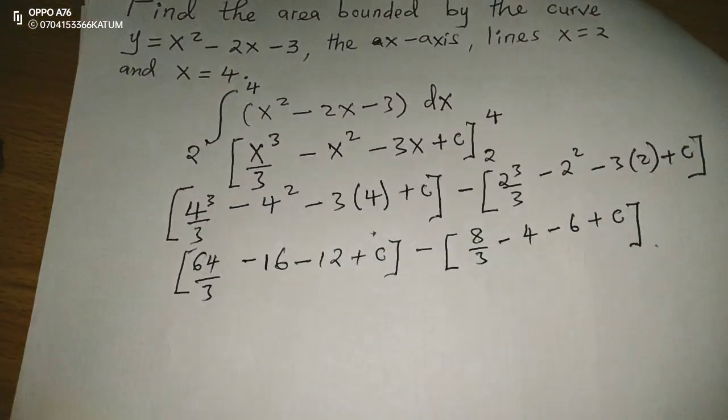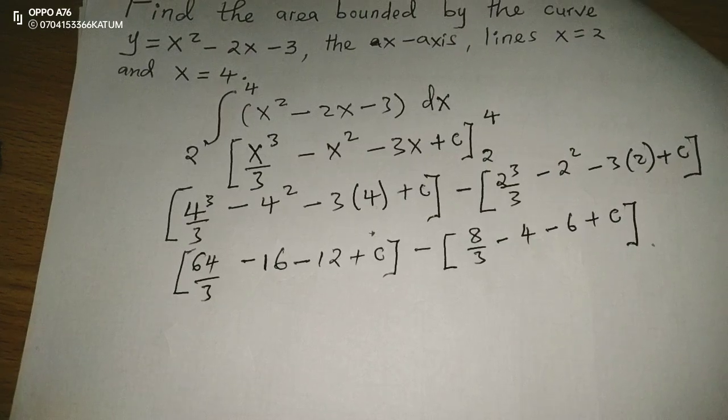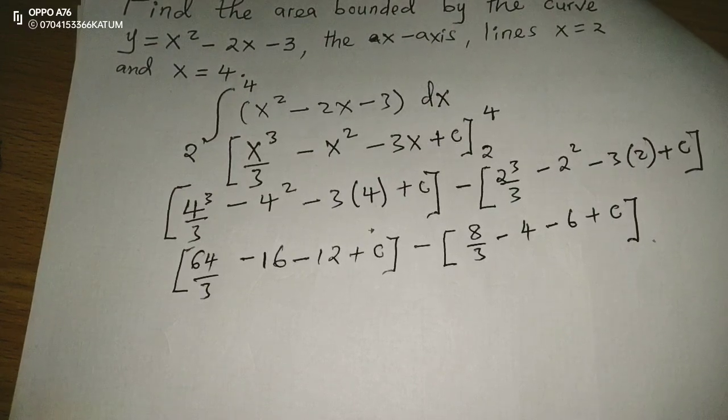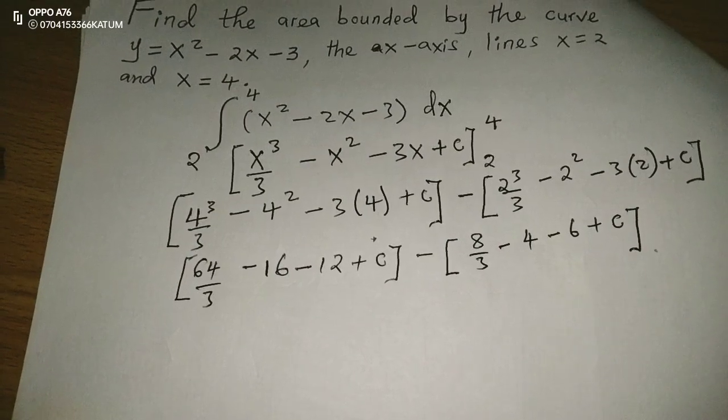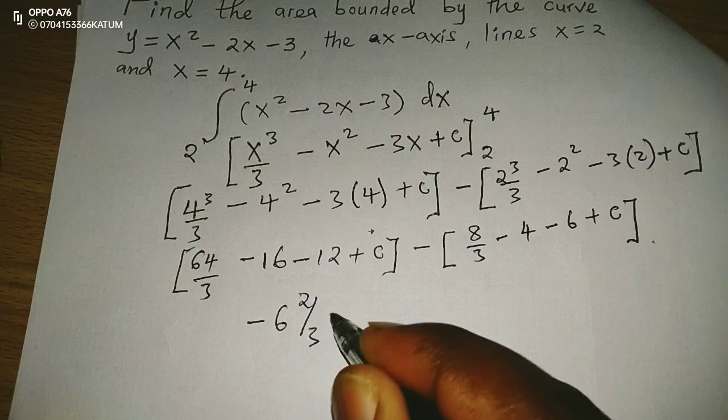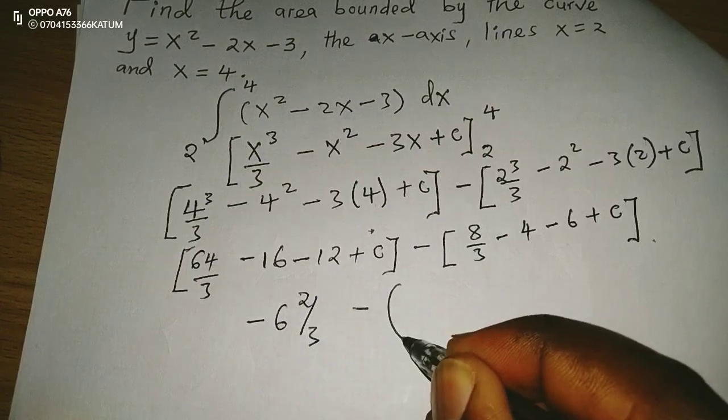So the constants of integration will definitely cancel out, and we shall have 64 over 3 minus 16 minus 12. This gives me negative 6 and 2/3. Then now I will subtract.